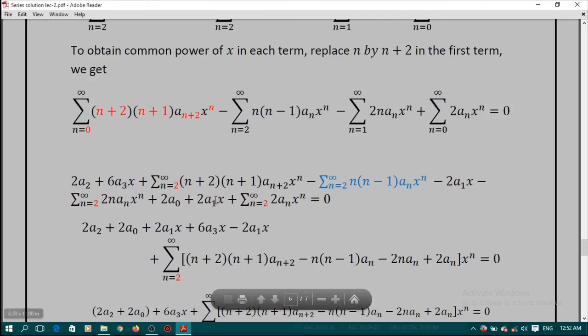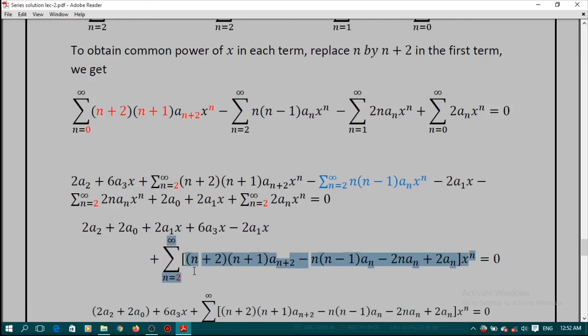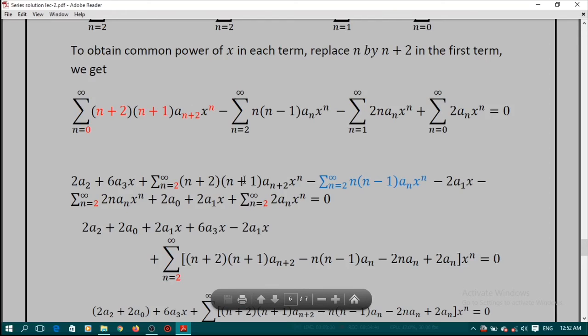So after merging all this four summation, we get summation n running from 2 to infinity in a bracket (n+2)(n+1)a_(n+2) minus n(n-1)a_n minus 2na_n plus 2a_n bracket complete x raised to n, that equals to 0.